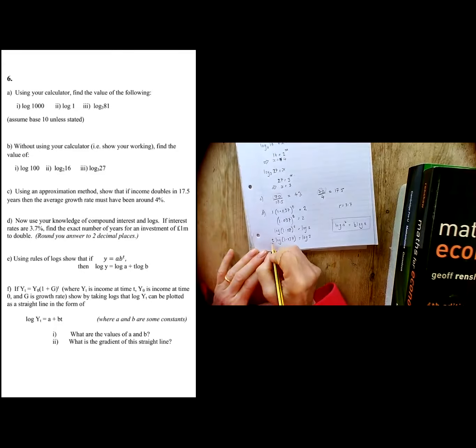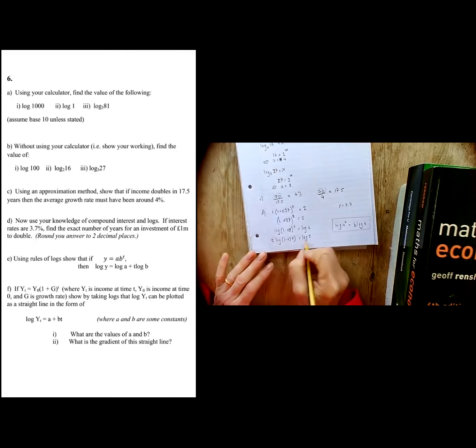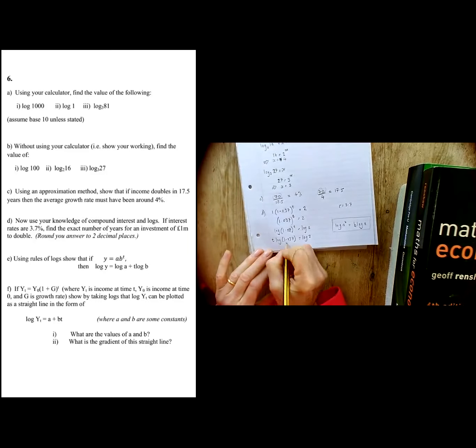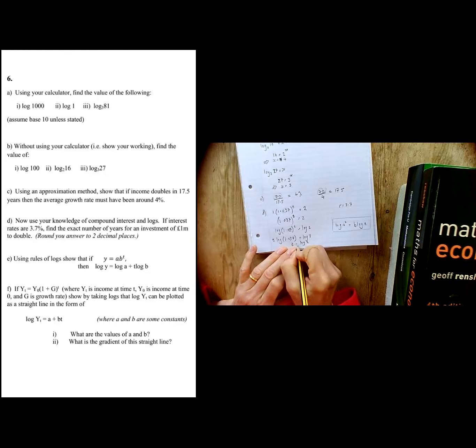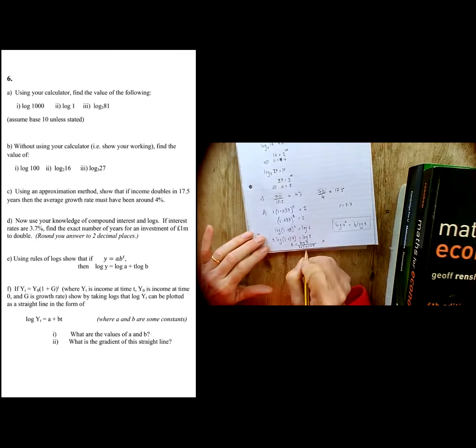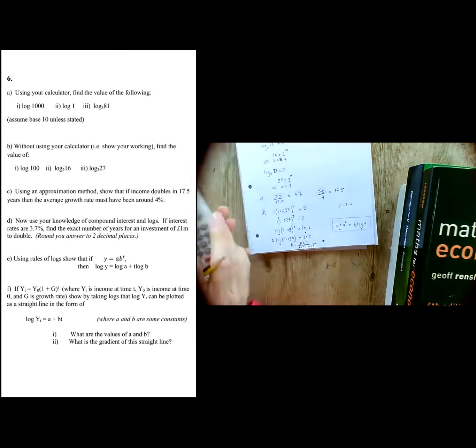Okay, and now it's just t times a number equals another number. So as always, we can divide both sides by this number, log 1.037, and get a value for t. That's just something we can put in our calculator.